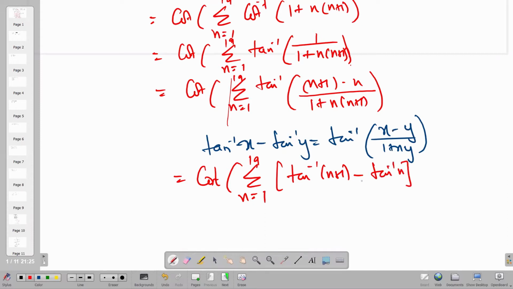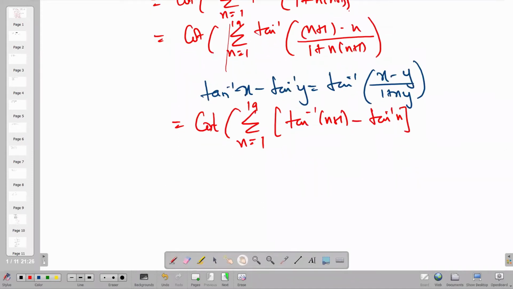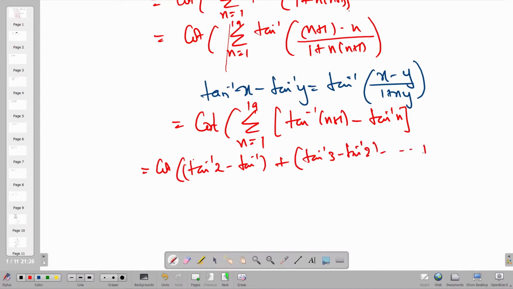And if I open this summation, this is equal to cot, if I put n equal to 1, I get tan inverse of 2 minus tan inverse of 1. Putting n equal to 2, I get tan inverse of 3 minus tan inverse of 2, and so on. Last, if I put n equal to 19, this comes out to be tan inverse of 20 minus tan inverse of 19.